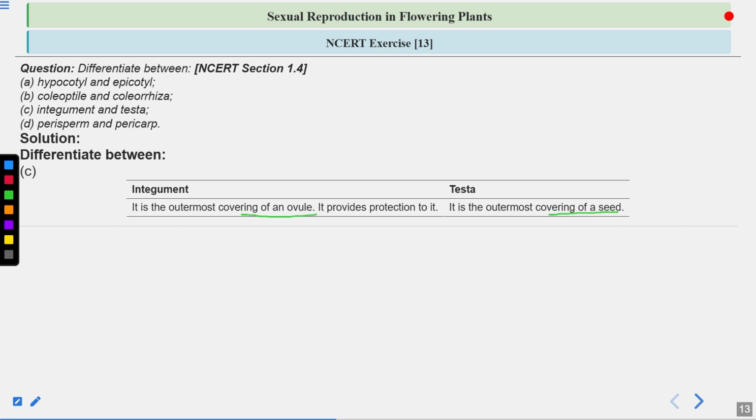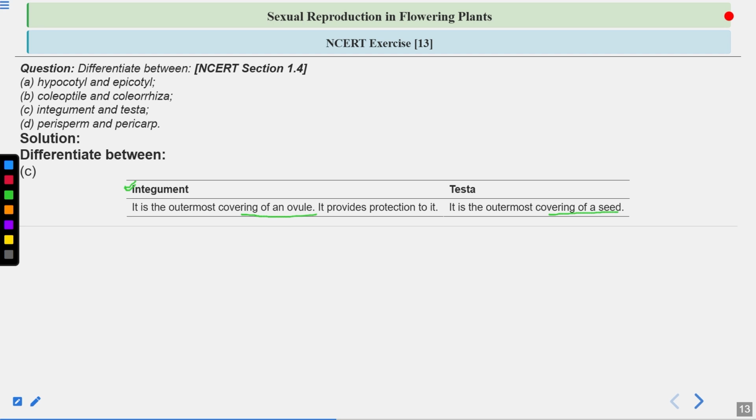When you see the seed, it has a particular cover over it, and that covering is called the testa. Now the integuments, I was explaining in the ovule part, the formation of the integument starts from the chalazal end of the ovule.